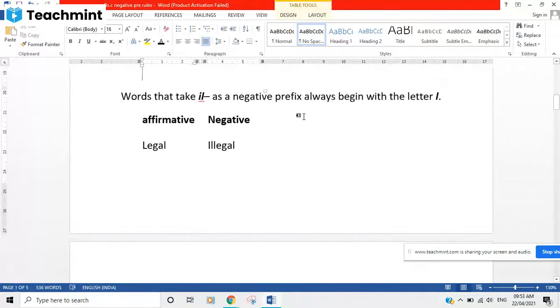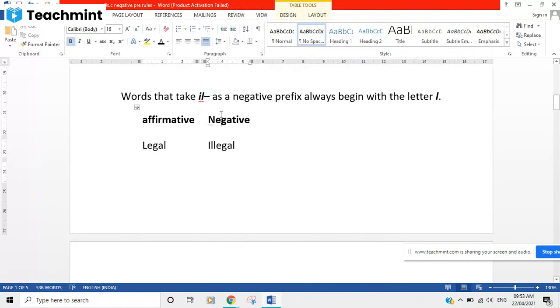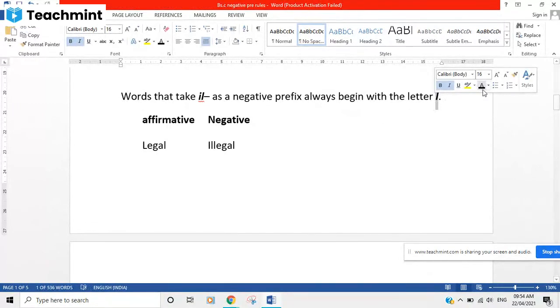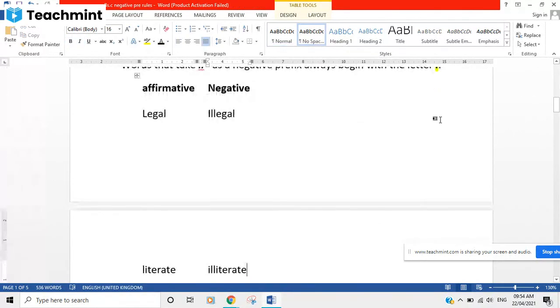That is, by using im, we can make a word present the negative meaning, but we add this negative prefix im only before the words beginning with the letter m or p. So you see these three words begin with m and p. Did you understand this, or is there any problem with il or im?